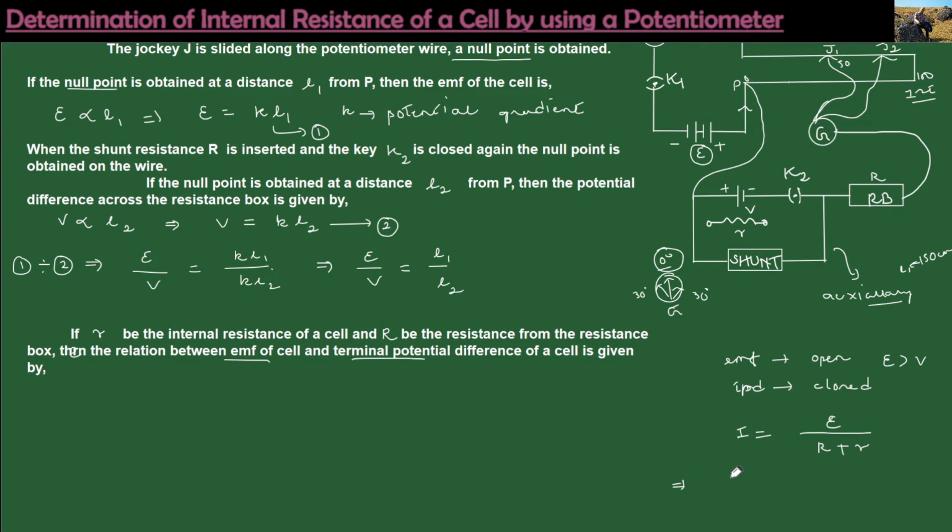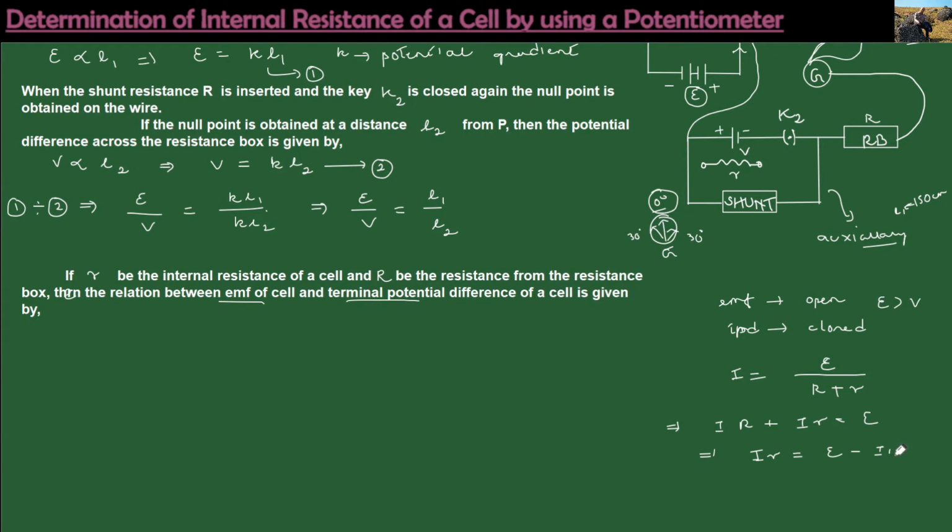From here you will get I capital R plus I small r equal to E. So from here we can arrive at the condition that I small r will be equal to E minus I capital R.